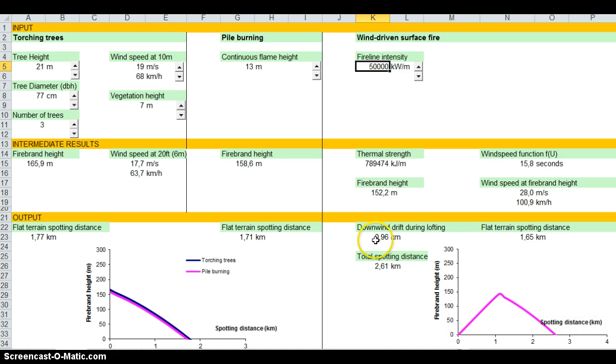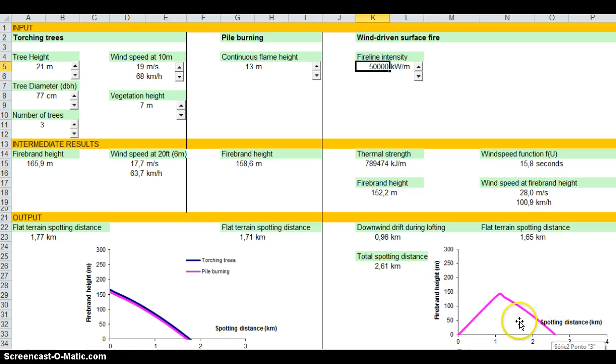One is the distance traveled during lofting, when the firebrand is going up in the convection column, and this is 0.96 kilometers. And then the second one is the flat terrain spotting distance. When it's there, how far does it travel?